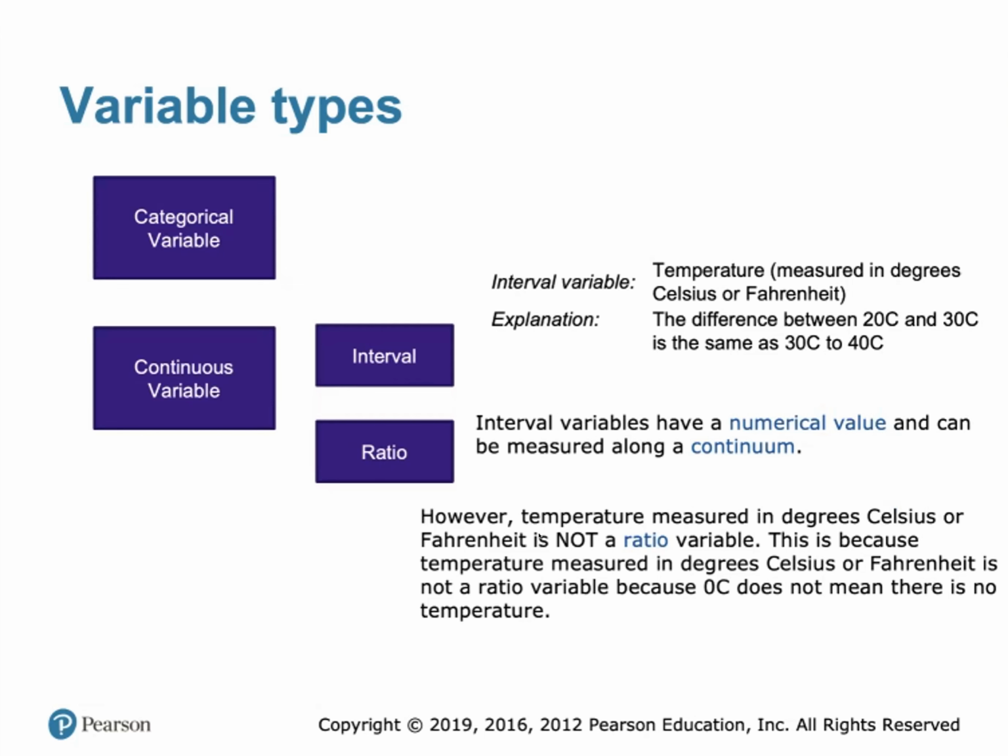However, temperature measured in degrees Celsius or Fahrenheit is not a ratio variable. We're gonna talk about it shortly. This is because 0 does not mean there is no temperature. So the difference between interval and ratio is whether it includes a true 0. Here, temperature 0 does not mean there is no temperature.